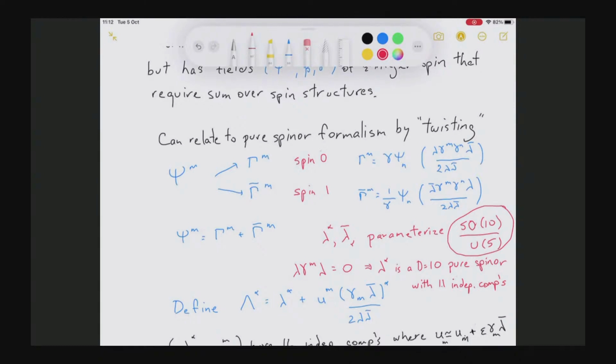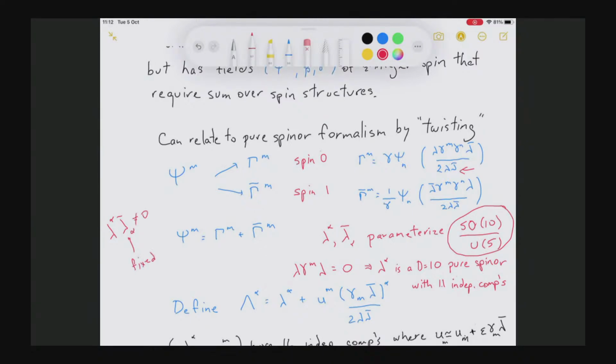Okay, so using lambda and lambda bar, I'm going to assume that if you contract lambda with lambda bar, that's non-zero. And that's essentially related to a subtlety in the pure spinor formula. So lambda alpha, lambda bar alpha, I'm going to assume this is fixed and that it's chosen such that this contraction is non-zero.